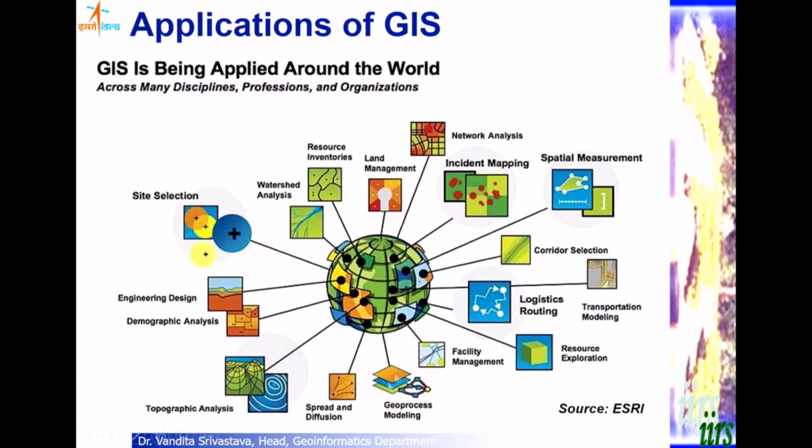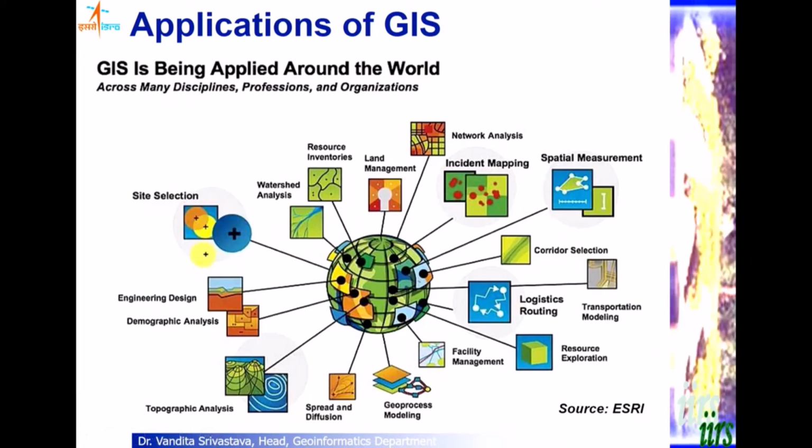So all of this can go in that. And then spread and diffusion, how the fire is going to spread, how the flood water is going to affect the areas. Then topographic analysis, how the surfaces are distributed, the viewshed analysis. A lot of applications are there of the topographic analysis also. And then the demographic analysis, the population studies, the engineering designs. Everywhere GIS has got use.